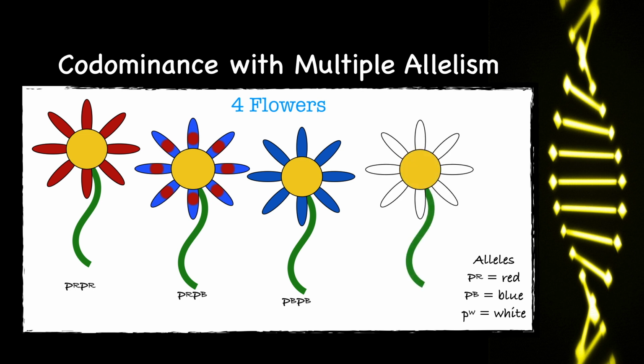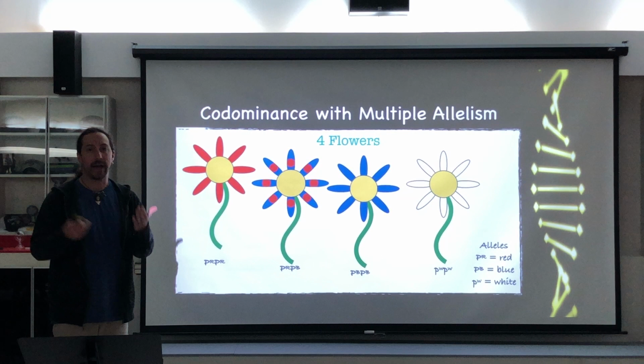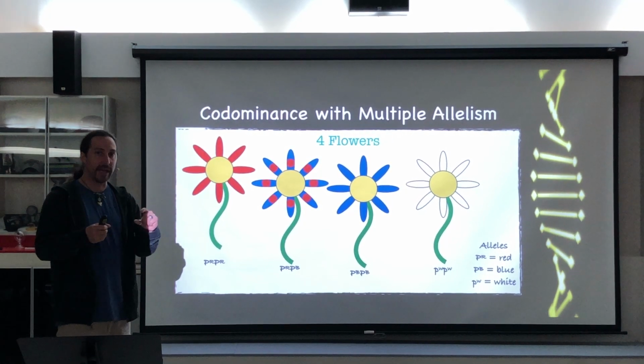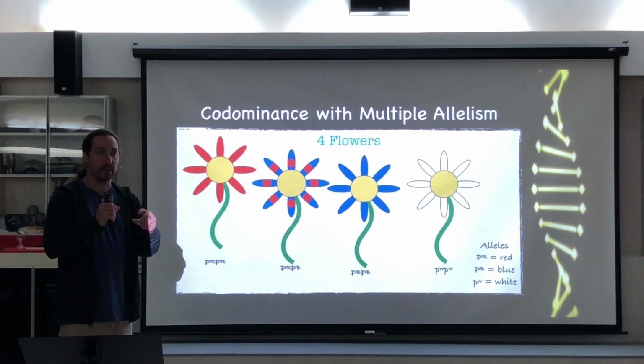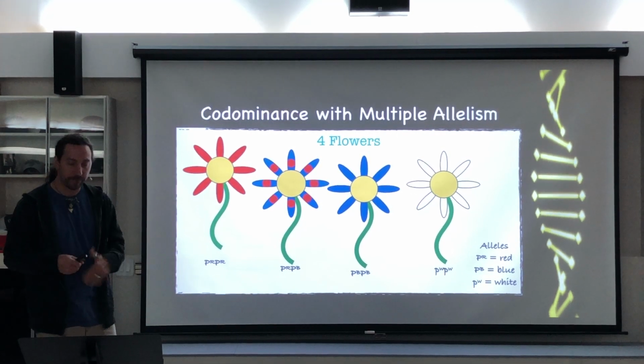And then we have this white flower, and white, as it turns out, is recessive to both the red and to the blue. And since white is recessive to both the red and the blue, I wanted to differentiate it, so I did a lowercase p with a superscript W. That way we can see that it is a recessive allele.